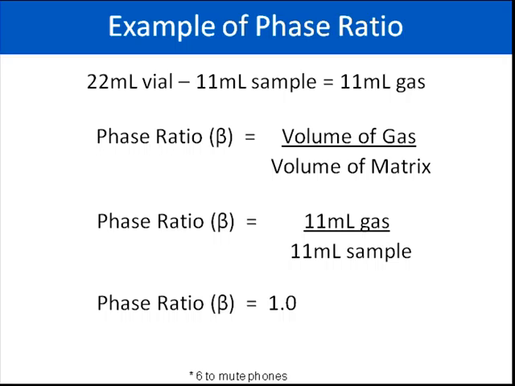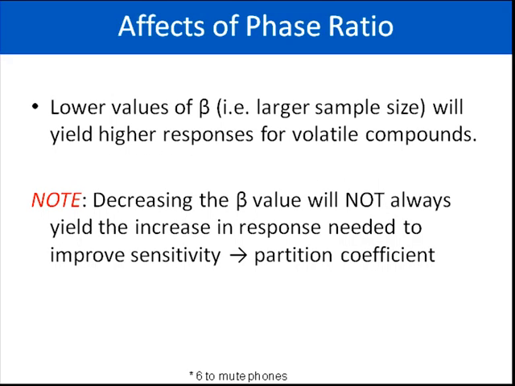So how does that really help us when it comes to sensitivity? The idea is that we want lower phase ratios, meaning a larger sample size. This is going to help us yield a higher response for volatile compounds. So the last example I gave you, where we had a 22 mL sample vial and put in 20 mL of volume, should give us a greater increase in our sensitivity.